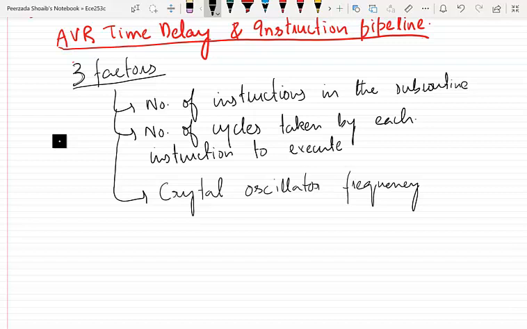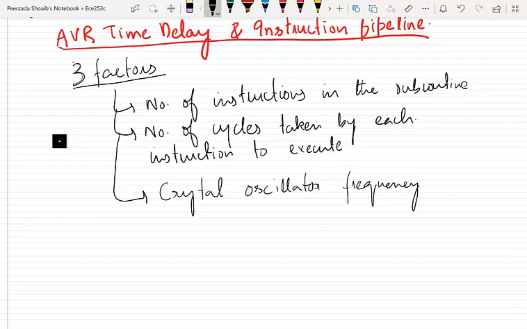That means even if we have the same microcontroller, an ATmega328, each instruction may take different times if we attach different crystal frequencies to this microcontroller. The same instruction will take different amounts of time to execute, depending upon the crystal oscillator frequency that we have connected externally to that microcontroller.